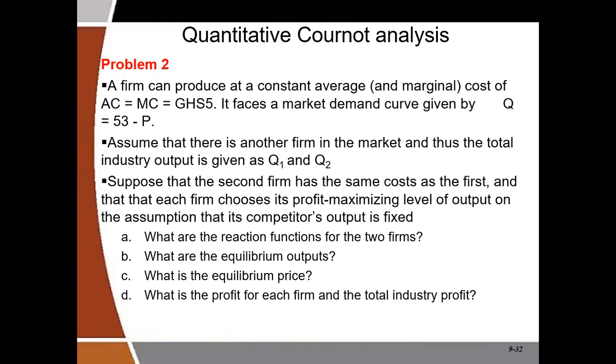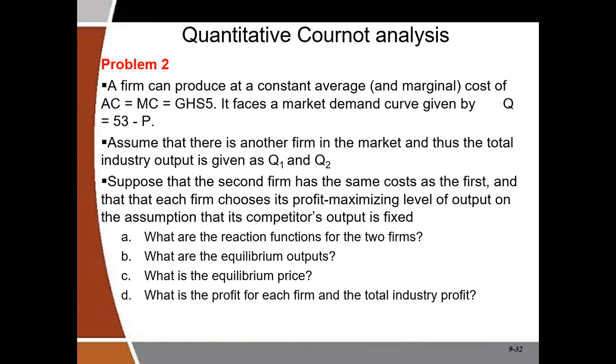Now, in this particular slide, the second example we are solving, the question says that a firm can produce at a constant average and marginal cost of AC is equal to MC is equal to 5.